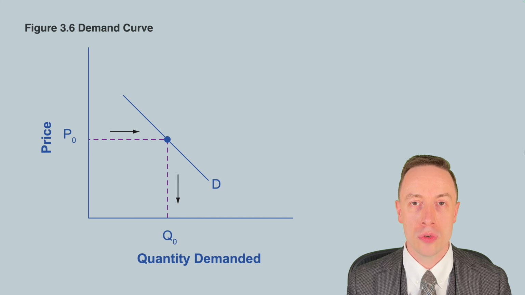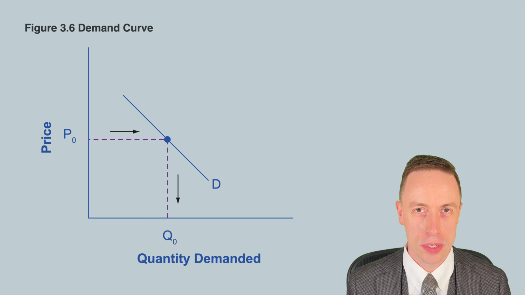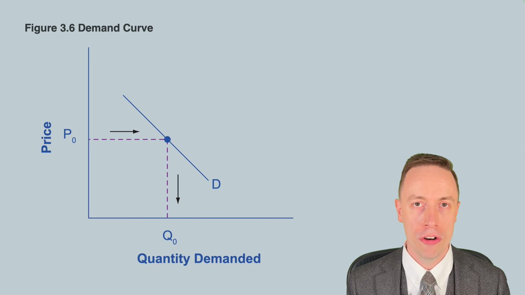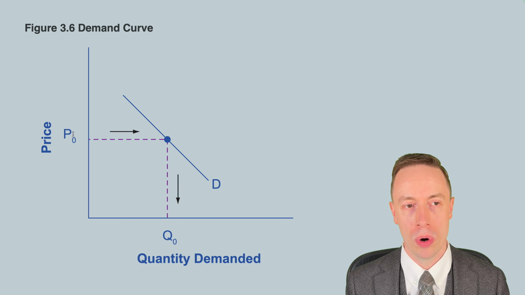Let's go ahead and one more time compare and contrast between a change in quantity demanded and a change in the demand. So a given demand curve, here's an abstract example, lets us identify at a specific price, go on over to the curve, we've got a specific quantity.